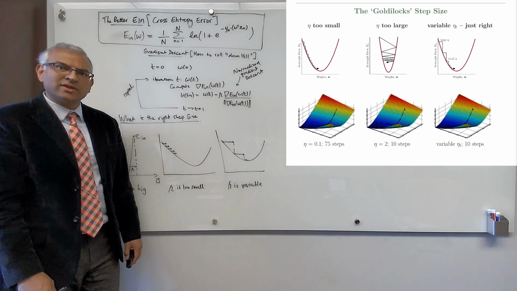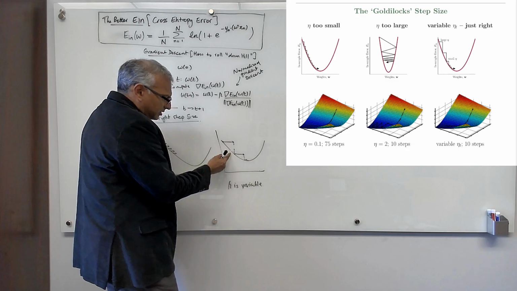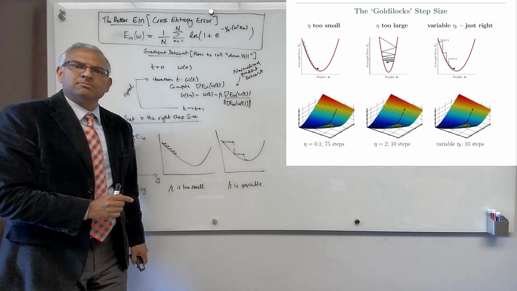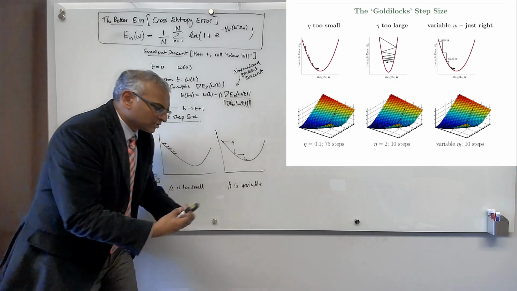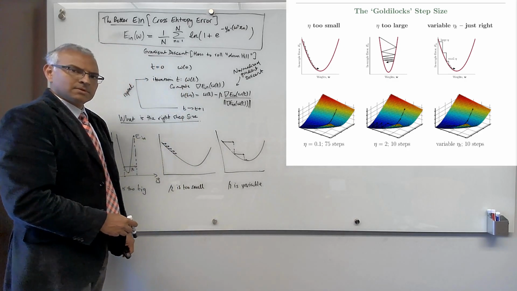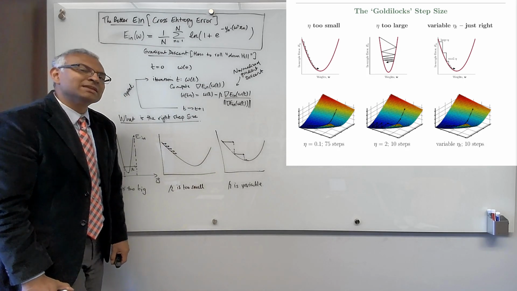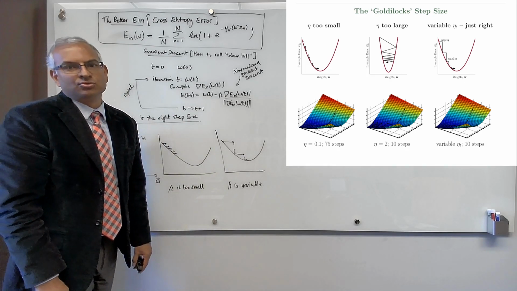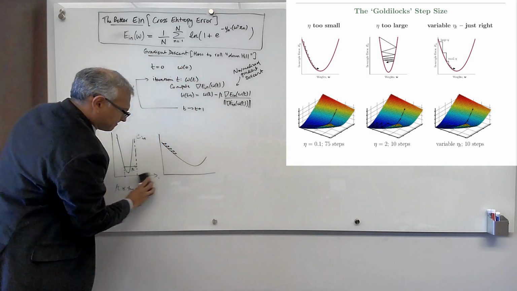So, if we're going to allow for a variable eta, then we somehow need to be able to decide how far we are from the minimum. Because when we're far away, we want to have a big step size, and when we're close, we want to have a small step size. We would like this, but we need to know how far we are from the minimum. In general, that's not so easy to do. But let's try.